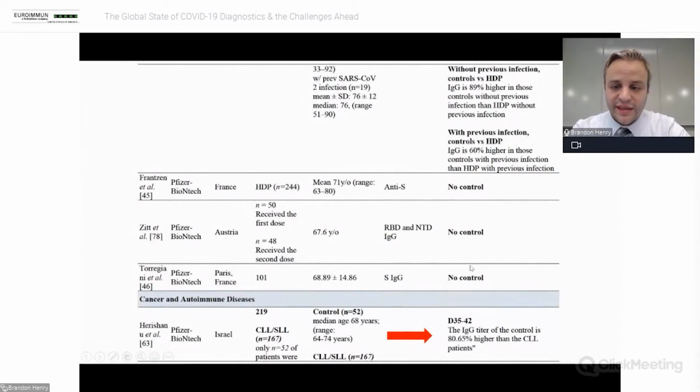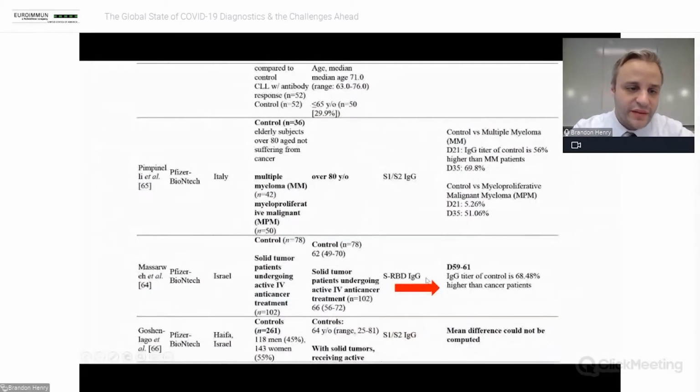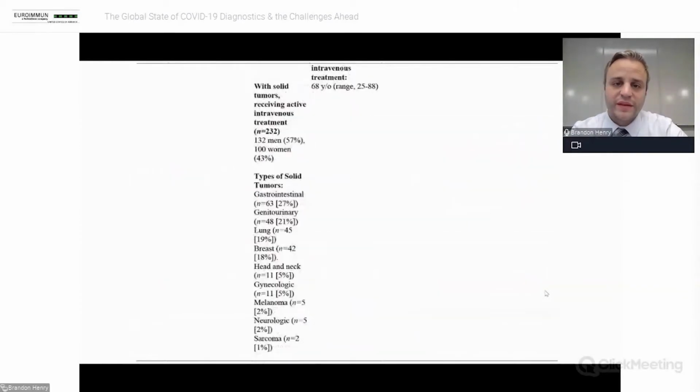Another study here looking at cancer. These are patients with lymphoma, and they found that IgG titer in controls is 80% higher than in those with cancer. This study from Israel, looking at patients with solid tumors and undergoing active cancer treatment, found that the IgG titer of controls is 68% higher than in cancer patients.